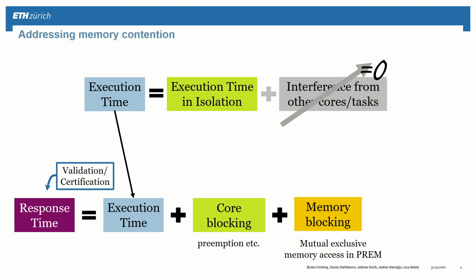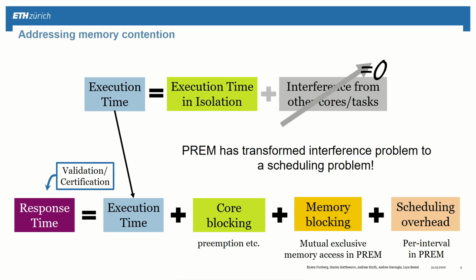In effect, we're taking the interference from the cores from the previous execution time equation and putting it into the memory blocking time of the schedule. And of course, we also have to take into account the scheduling overhead. All of this together is required for certification processes to guarantee that we are meeting our real-time requirements.